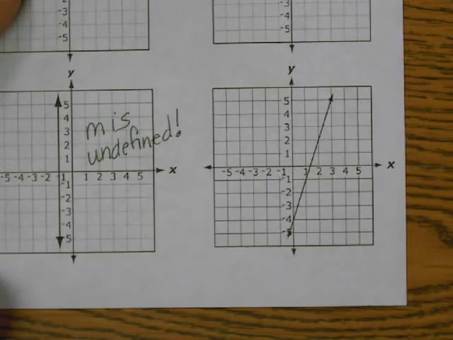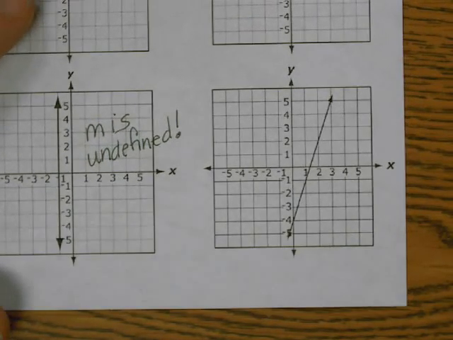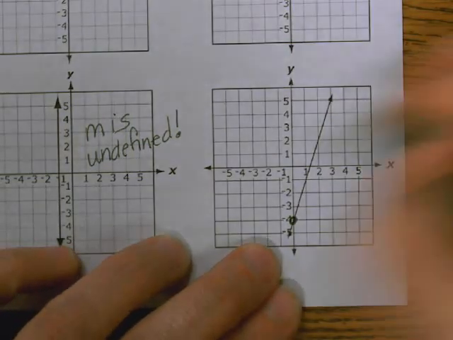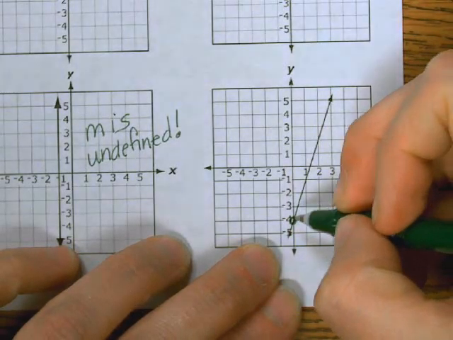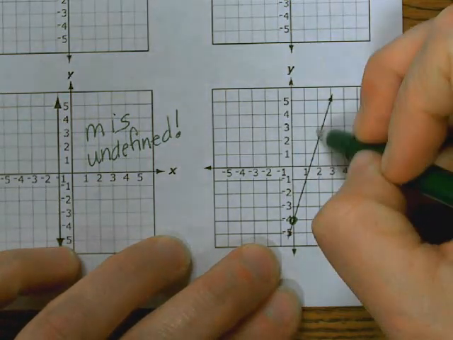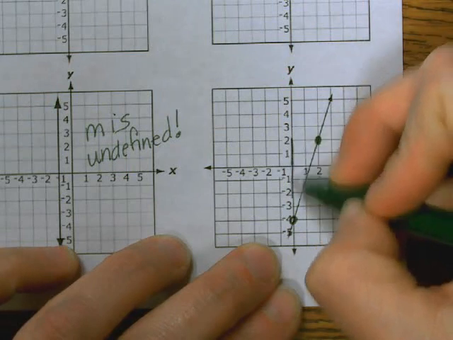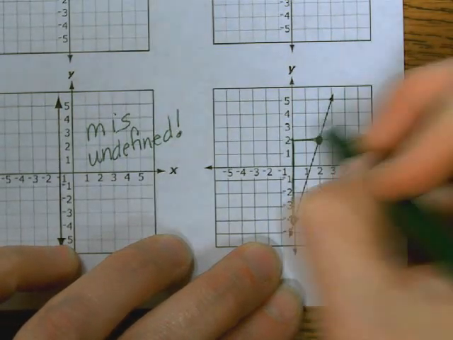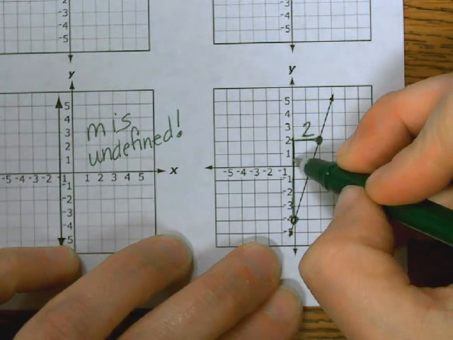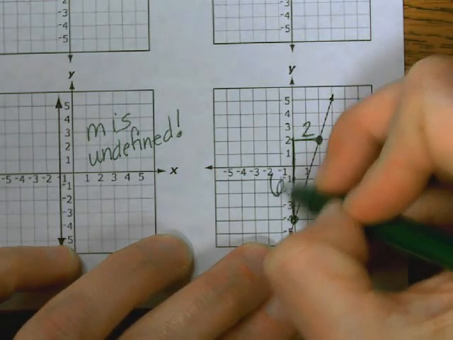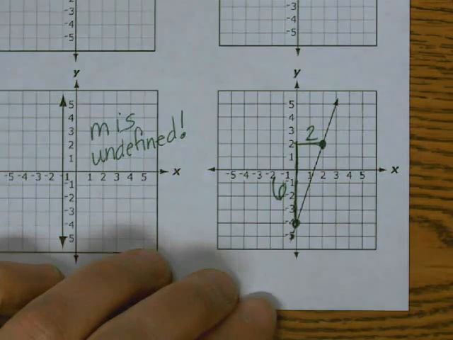On the last problem, I'm going to show you 2 different ways to find the slope. So the first way, I'm going to put a dot at -4, and I'm going to put a dot up here at 2, 2. Okay? And I'm going to draw my big old slope triangle, and it's 2 across, and it's 1, 2, 3, 4, 5, 6 down. Okay?